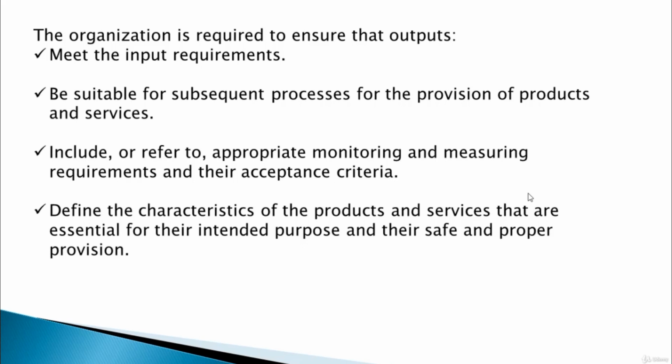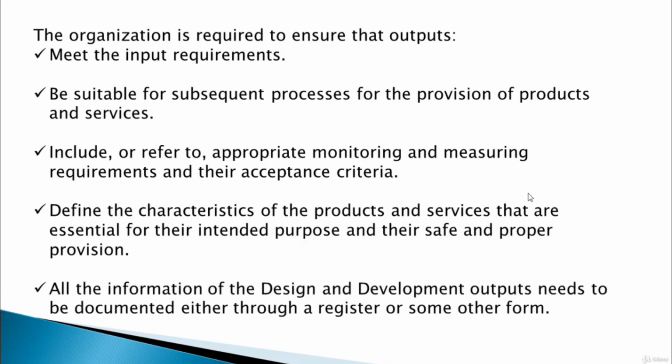Take the example of maybe a car. A customer may request a car without brakes. The car still works, but that would not be safe. So the organization needs to include brakes in the car, and also all this information needs to be documented, maybe either through a register or some other form.